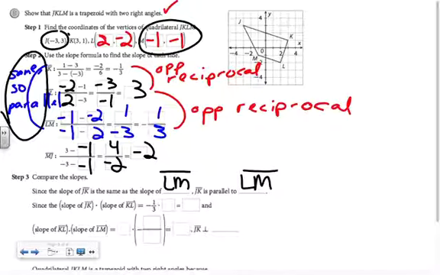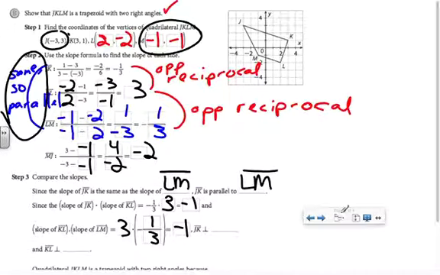Since the slope of JK times the slope of KL equals negative 1/3 times 3, which is negative 1, and the slope of KL times the slope of LM, well, the slope of KL was 3 and the slope of LM was negative 1/3. When I multiply them together, I get negative 1. That means that JK is perpendicular to KL, and KL is perpendicular to LM.